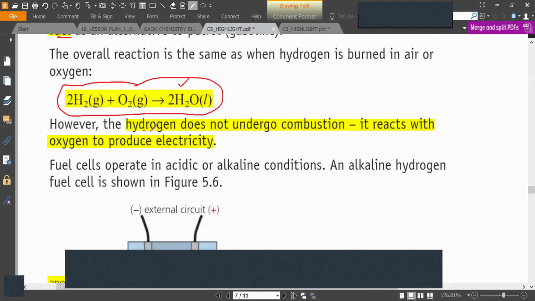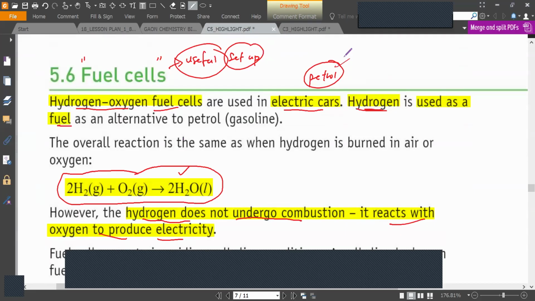But in this case, the hydrogen does not undergo combustion like the petrol. It reacts with oxygen to produce electricity. This is quite good because petrol will produce carbon dioxide, which is a greenhouse gas. But this one, no pollution.